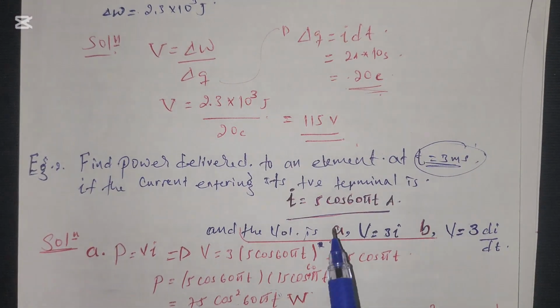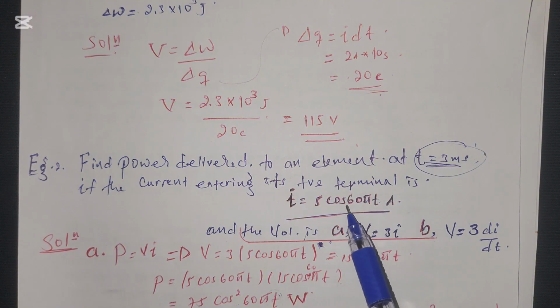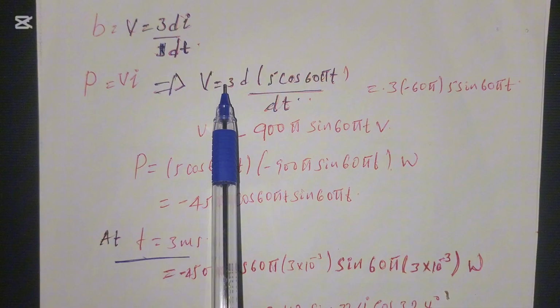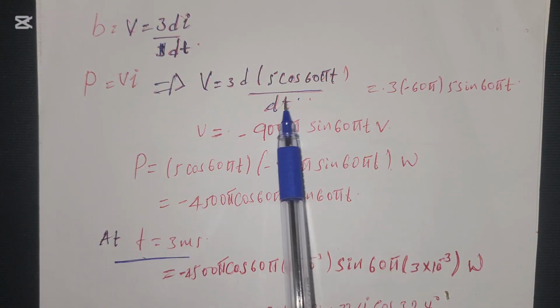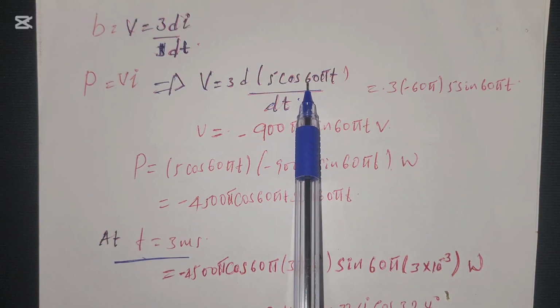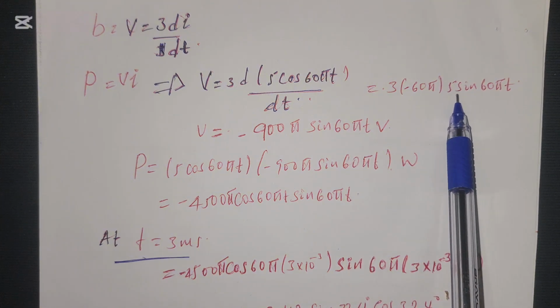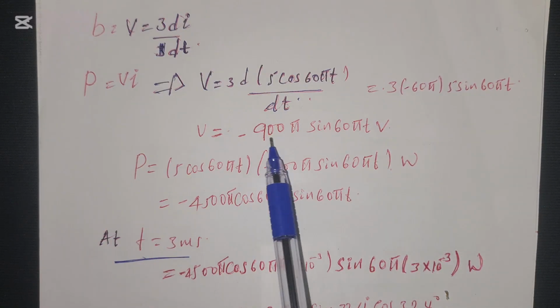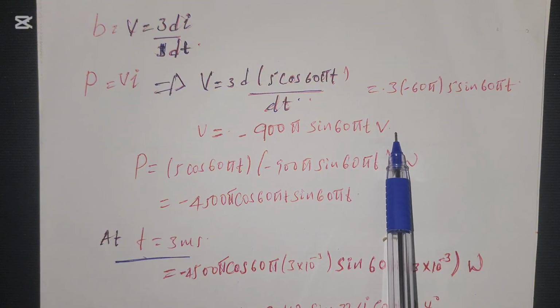We have been given that the current is 5 cos 60 pi t, so we need to differentiate this function of current in order to find the voltage, which is equal to 3 times the derivative of 5 cos 60 pi t over dt. The derivative of cos 60 pi t will give us minus sine, bringing 60 pi out front. So V is minus 900 pi sine 60 pi t.